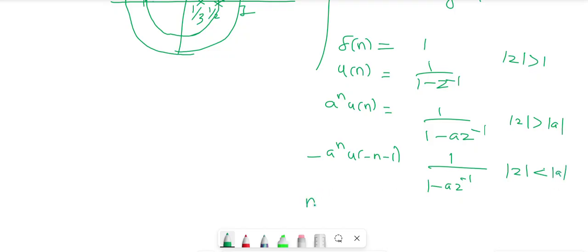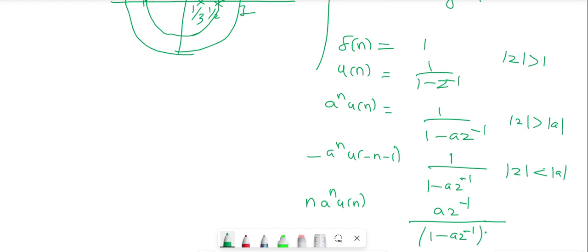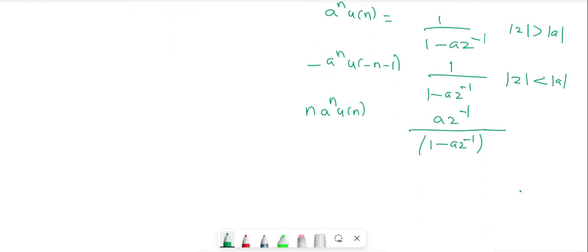Then n into a power n u of n is a Z inverse by 1 minus a Z inverse whole squared, where the modulus of Z is greater than a.